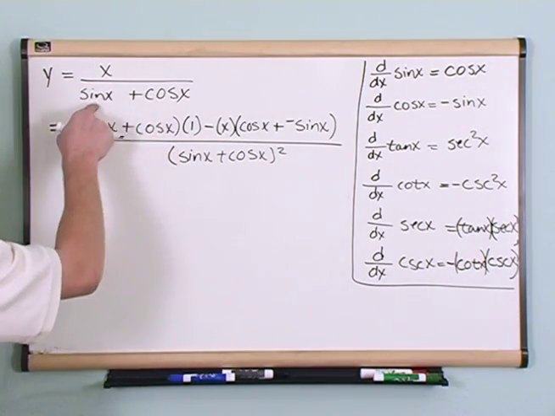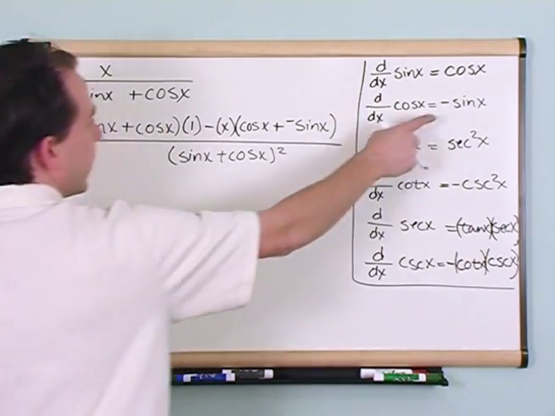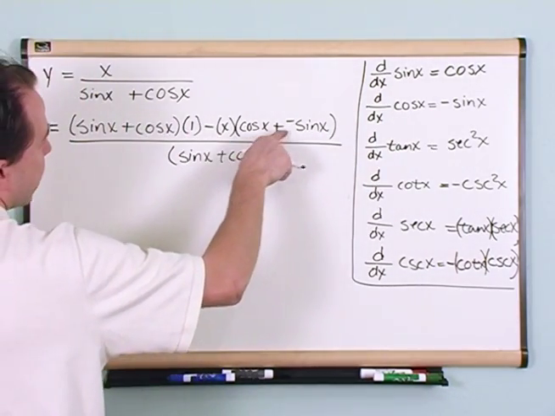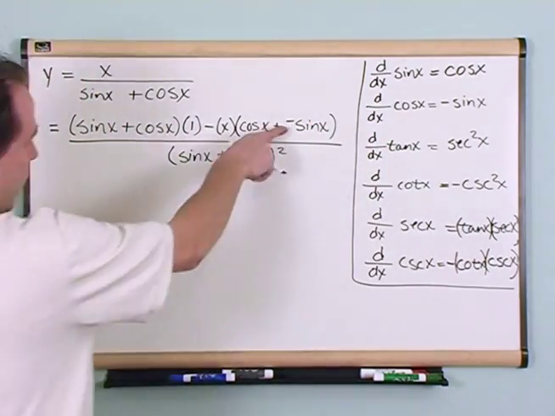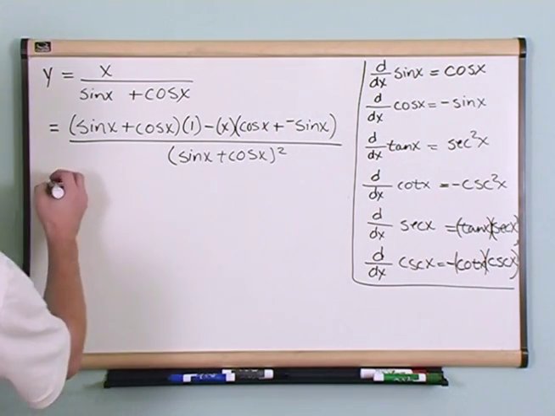So you have the bottom times the derivative of the top minus the top, which is this, times the derivative of the bottom. You just take the derivative of each term. Derivative of sine is cosine. Derivative of cosine is negative sine. And here I have a plus minus, and that's going to turn into a big fat minus in a minute, but I just want to keep everything explicit so you know where everything comes from.